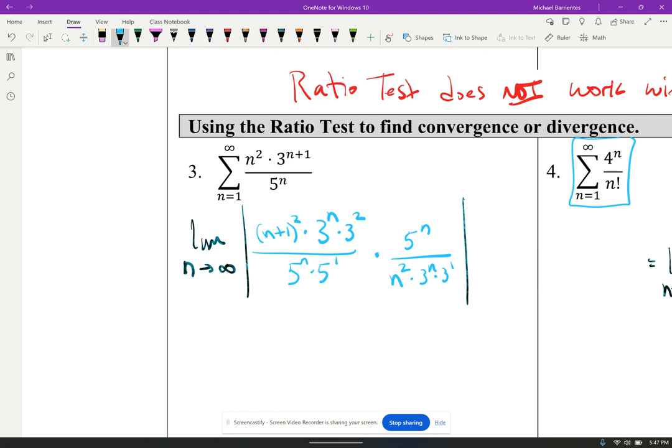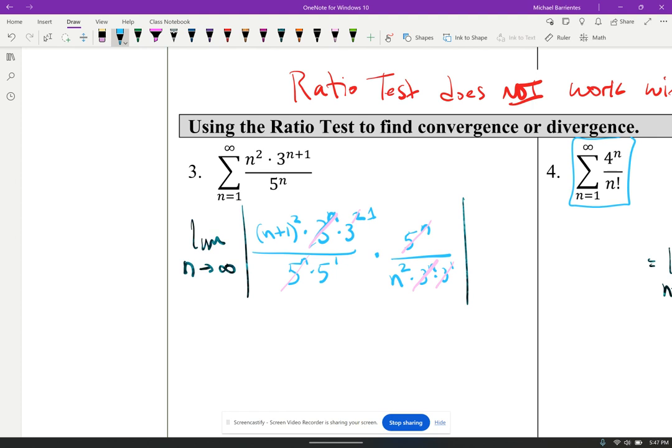So if there's anything that appears in the numerator and denominator, those factors can be reduced. So I'm going to reduce 3 to the n and 3 to the n. I'm going to reduce 5 to the n and 5 to the n. I'm going to reduce one of these 3's with one of these 3's, and it's going to leave me with 3 to the 1. And I think that's everything.